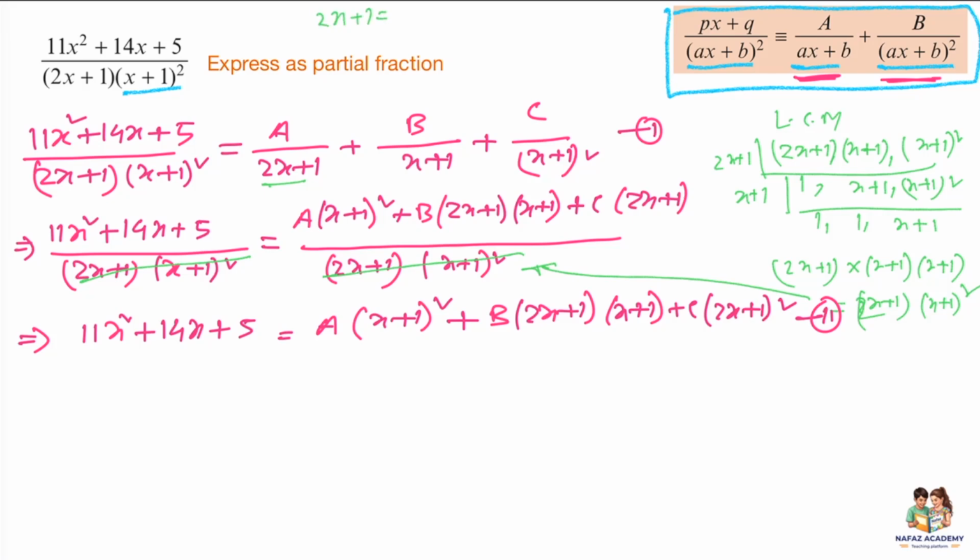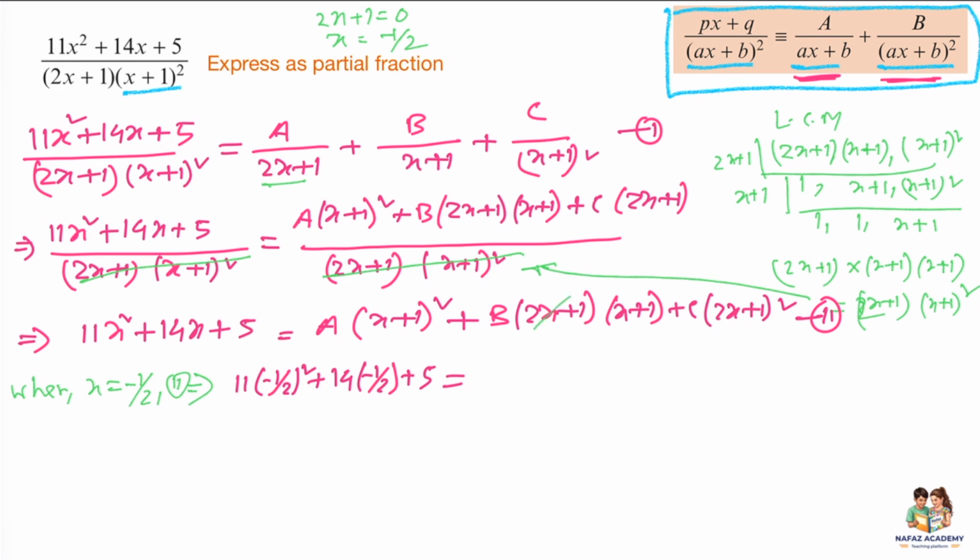What is the value of the A part? 2x plus 1 equals 0, x equals minus half, right? Put the value of x equals minus half in equation 2. The left side, 11 times minus half square, 14 times minus half plus 5, equal to which part will be 0?